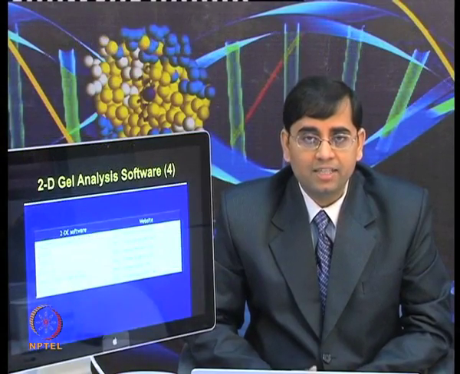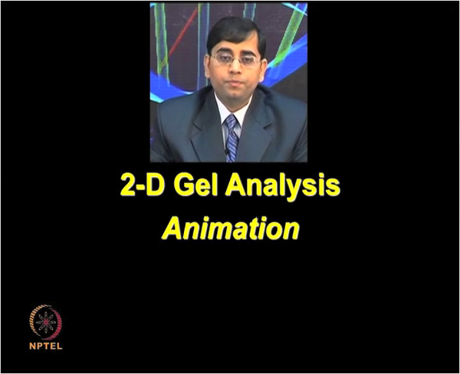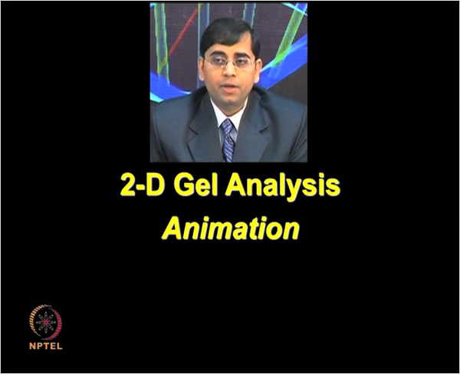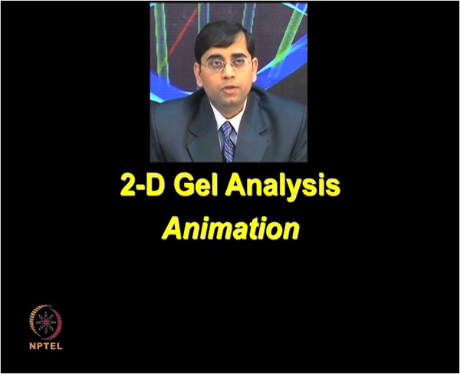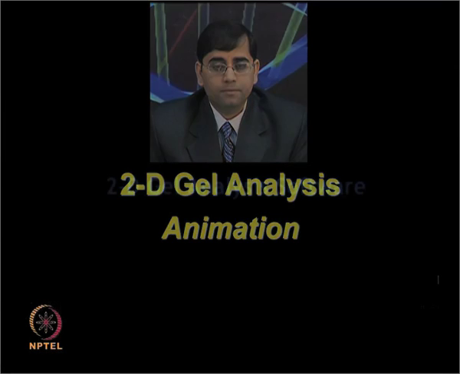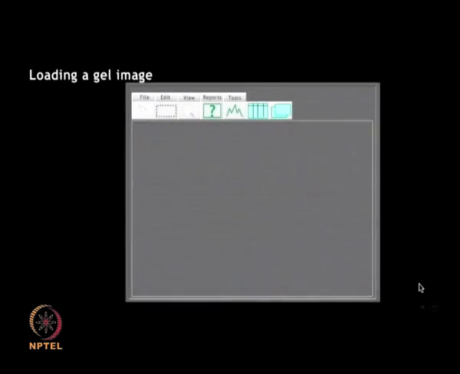to analyze these gels. Now, let me show you this animation for performing 2-dimensional gel analysis, how to go step by step to analyze your gels. 2D gel analysis software. In this animation, I will describe how to analyze the 2D gel images by using a generic software layout.